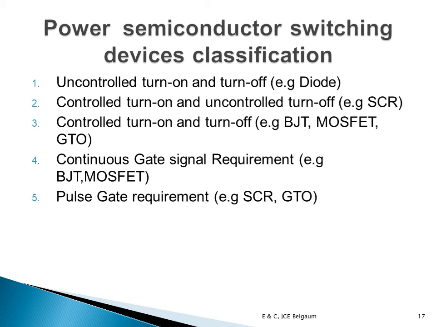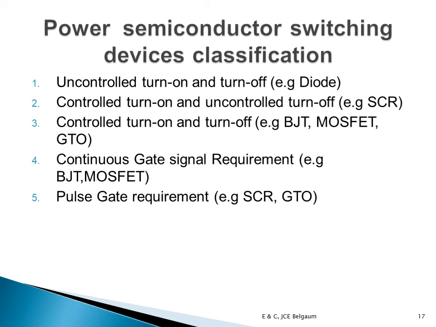Next is pulse gate requirement. If you look at the base, I have to give a continuous base current. I cannot keep it on for some time and off for some time. But for SCR, since it loses its control after turning on, I can simply give a pulse.